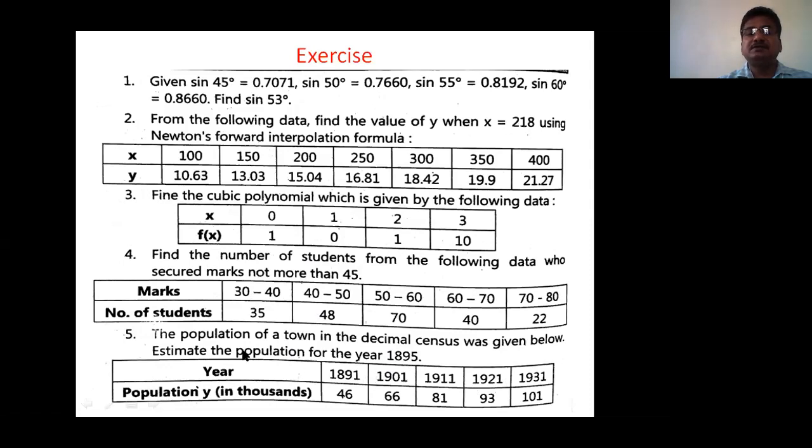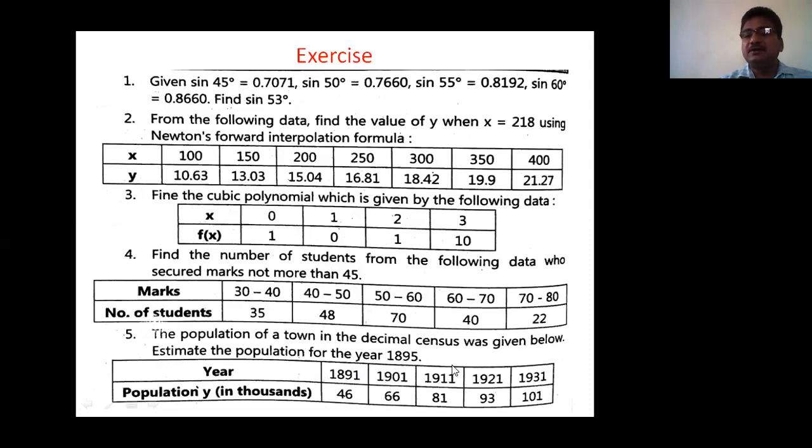That is the population in the decimal census. So this is the population given in the decimal census, and then find the population for the year 1895. So use Newton's forward interpolation formula.